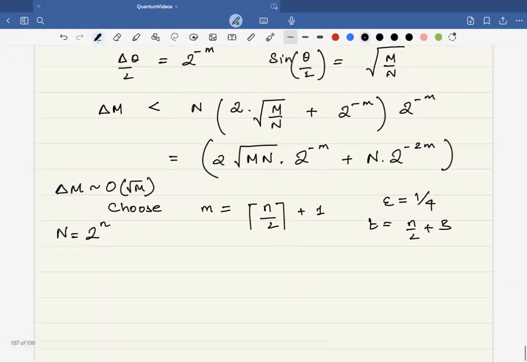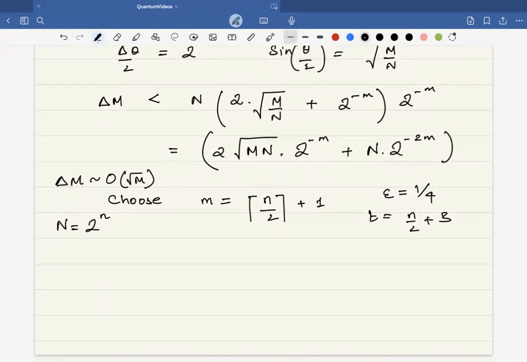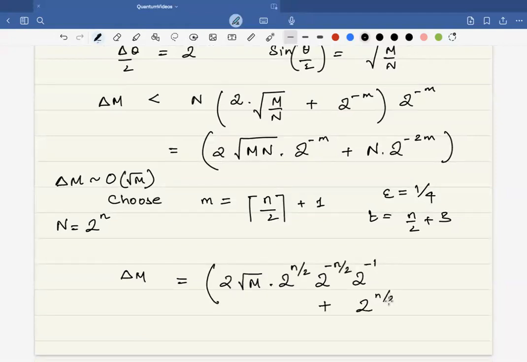So if I choose m to be n over 2 plus 1, then I substitute everything. I'll get delta M is equal to 2 times square root of M into 2 to the n over 2, 2 to the minus n over 2, 2 to the minus 1, plus 2 to the n over 2 into 2 to the minus 2 times n over 2 plus 1, right?